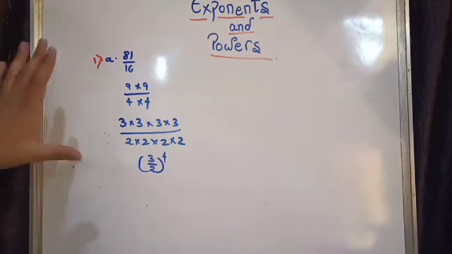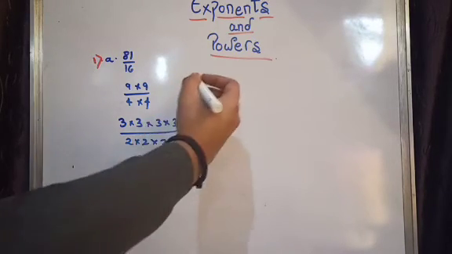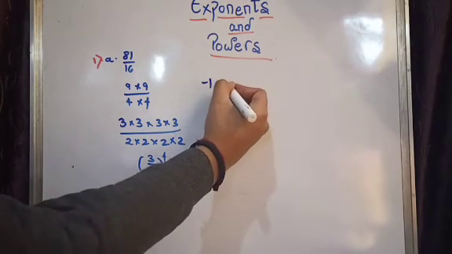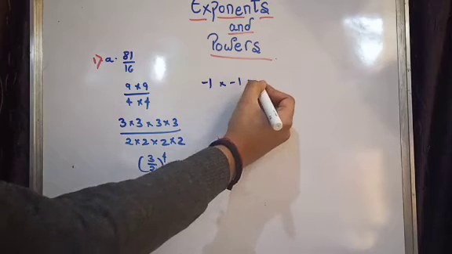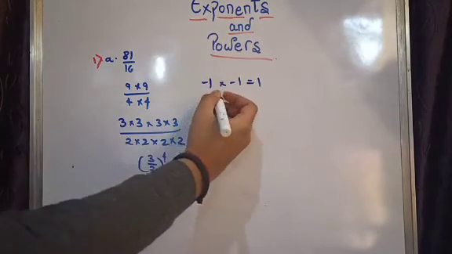Now you can take a screenshot of this. Otherwise, I am going to tell you another question. Write the following numbers in the exponential form. First of all, before solving this question, I am asking and telling you that minus 1 multiplied by minus 1 is equal to 1, because the minus signs cancel.